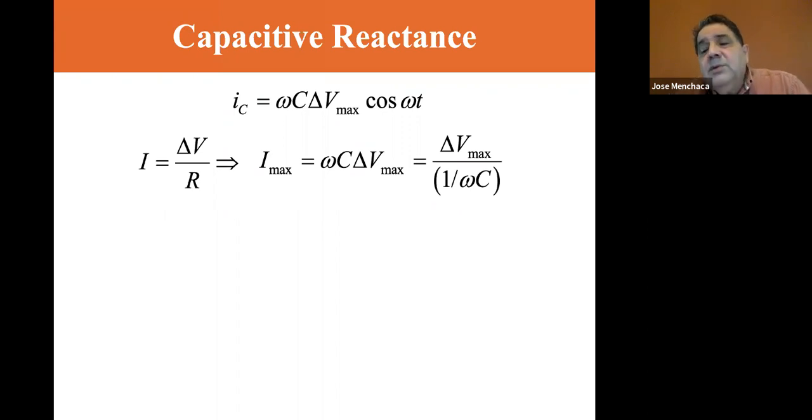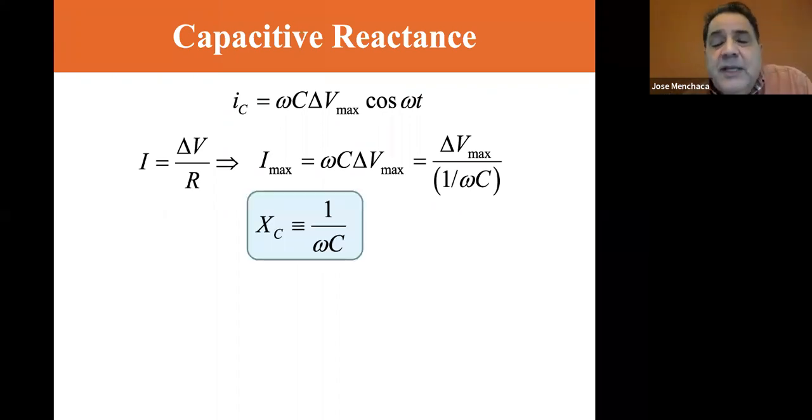We take that omega C and put it in the denominator, so we have to invert it. So the capacitive reactance X sub C is equal to 1 over omega C.